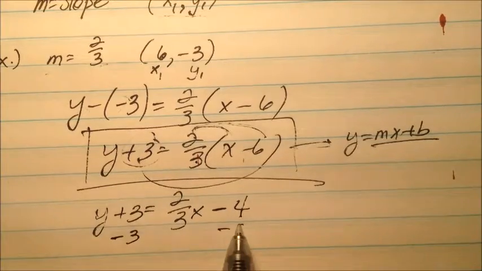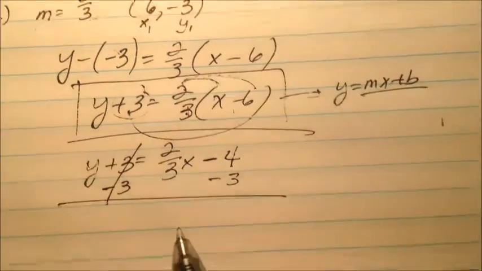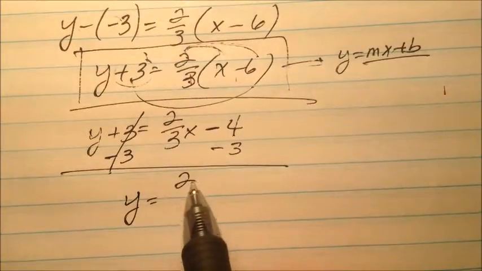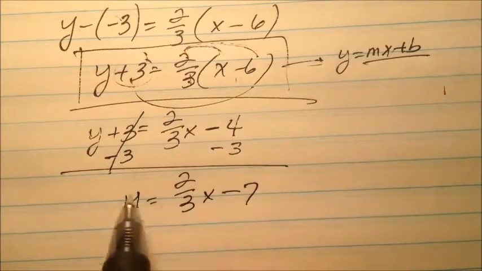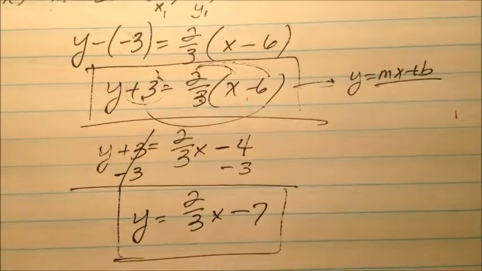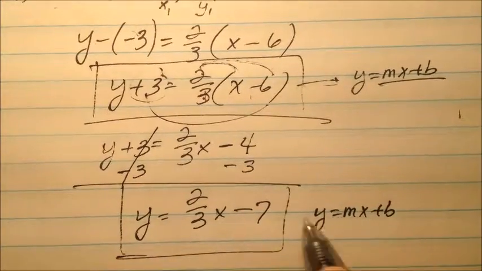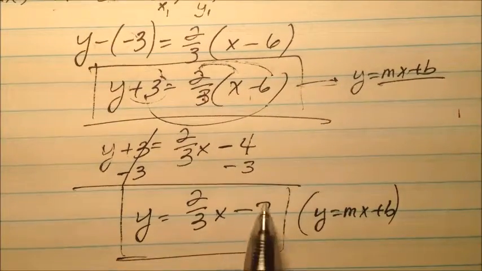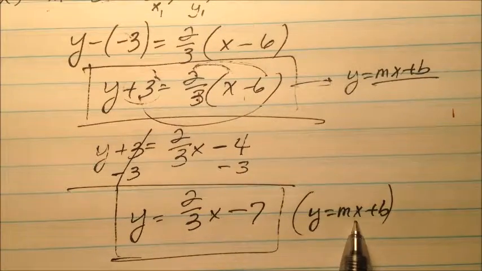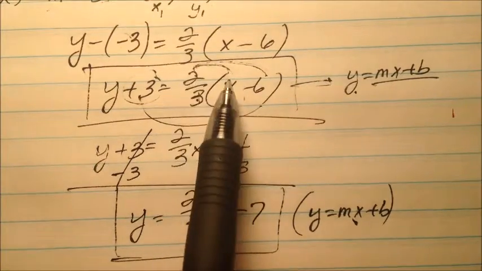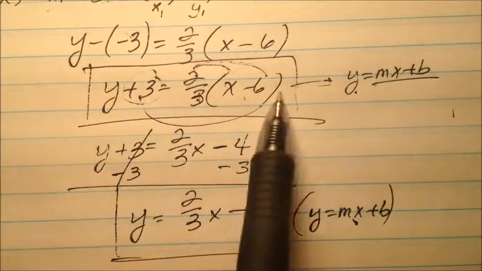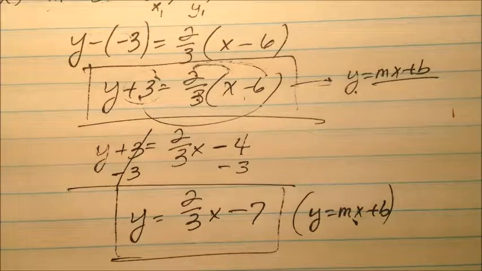If we subtract 3 from both sides, we get rid of it there. So y equals 2/3 x minus 7. So if you really like it, here's your y equals mx plus b form, which is slope-intercept. You can easily find slope-intercept from your point-slope simply by distributing, bringing this term over, and then combining like terms as necessary.